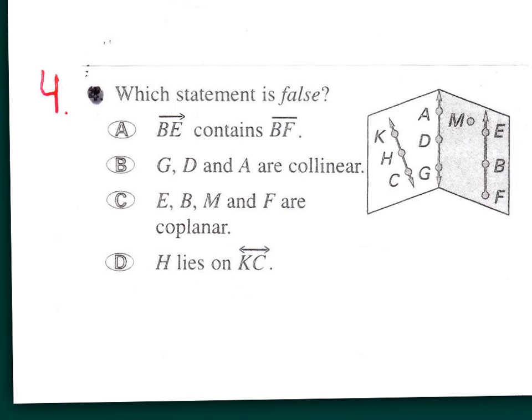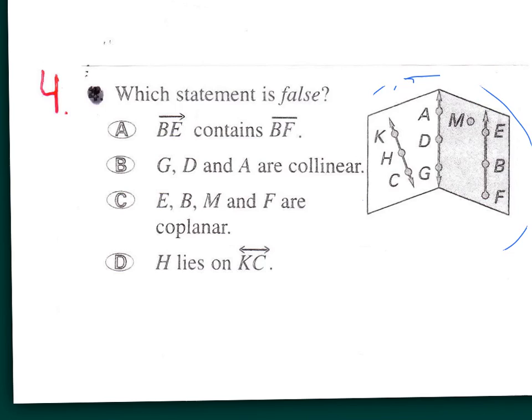Okay, on number 4, they ask which statement is false. Which of these statements is not true? You want to take a close look at this picture over here on the side. So, is it A, ray BE contains segment BF?